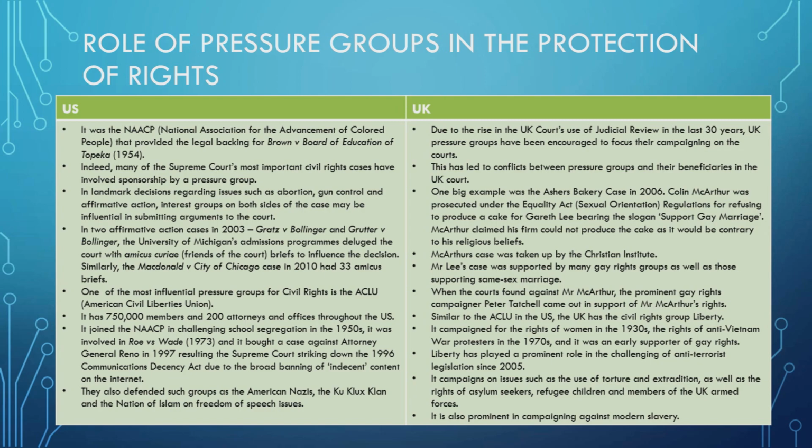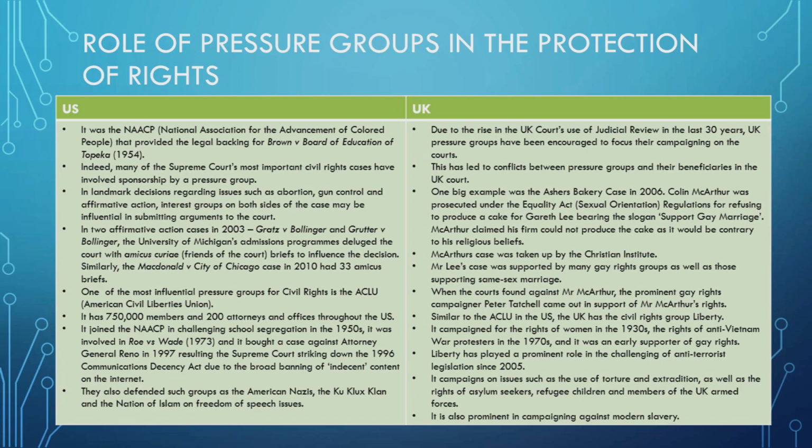And they could submit these arguments to try and sway the court in either way. For example, in two affirmative action cases in 2003, Gratz versus Bollinger and Grutter versus Bollinger, the University of Michigan's admission programs deluged the courts with these amicus curiae, friends of the court's beliefs, to influence the decision. And similarly, the McDonald versus City of Chicago case had 33 amicus briefs submitted to try and sway the court in either way.